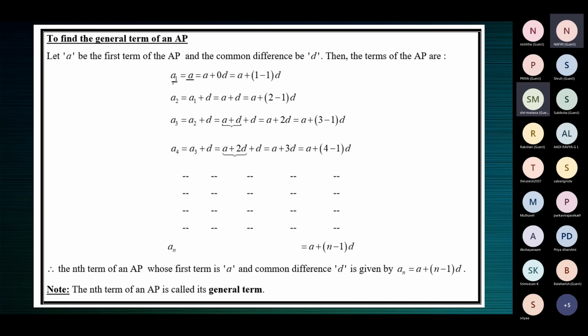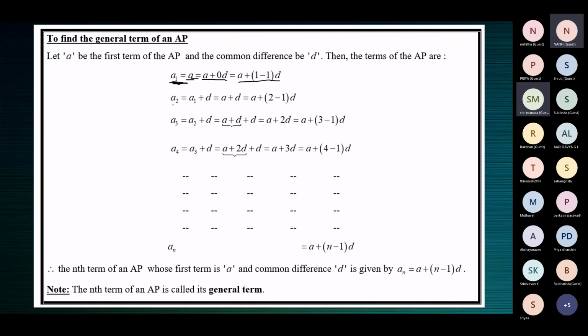A1 is the first term, and the first term is A. You can write it as A plus 0D, and further as A plus 1 minus 1 into D.